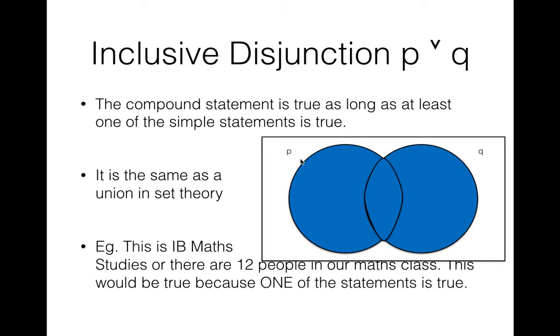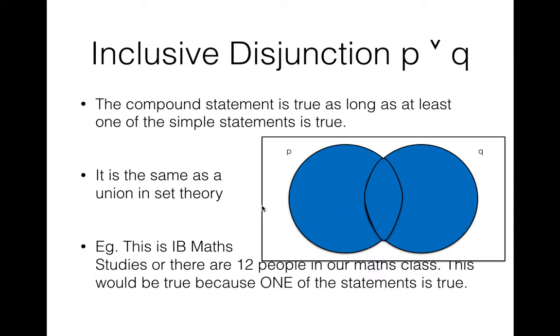So if we have a look at this Venn diagram here, you could have something that is just in P, so just makes P true. You could have something that is just in Q, or you could have something that fits in both. But wherever that element sits, it makes the disjunction of P and Q correct.